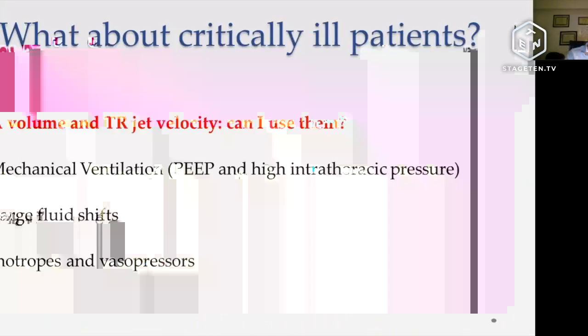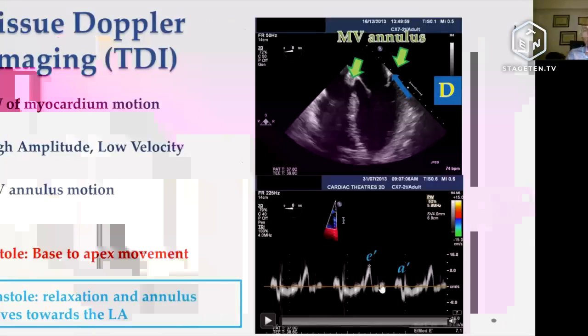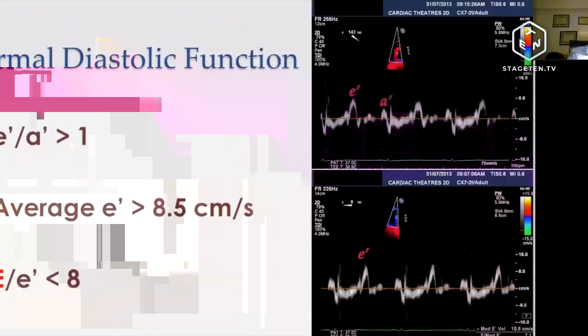In the case of transesophageal echo, it will be the opposite in transthoracic. You will have a positive E prime and A prime and a negative S prime, which is the systolic tissue Doppler imaging.